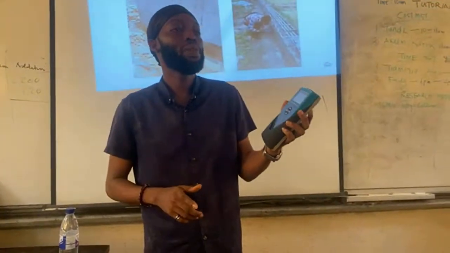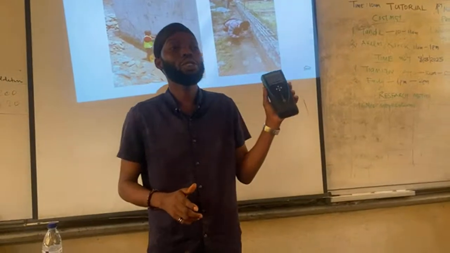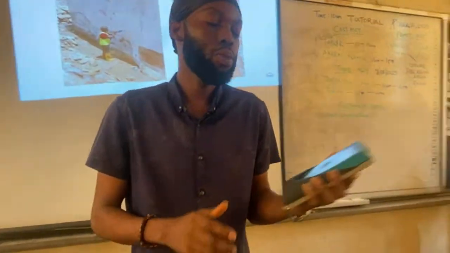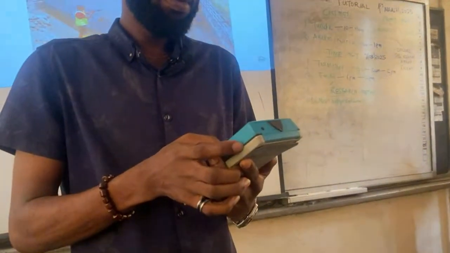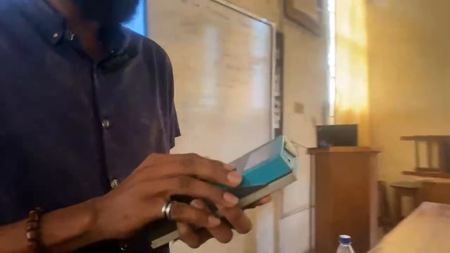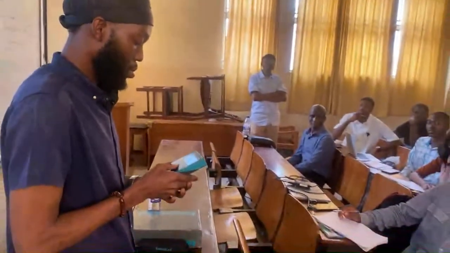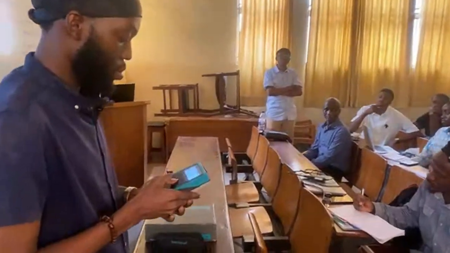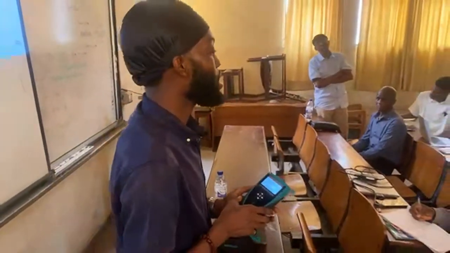Before I go to the practical aspects, we have different functions on this particular device called the Profoscope. We have a function that checks the rebar sizes: 10 mm rebar, 12 mm, 16 mm, 20 mm.